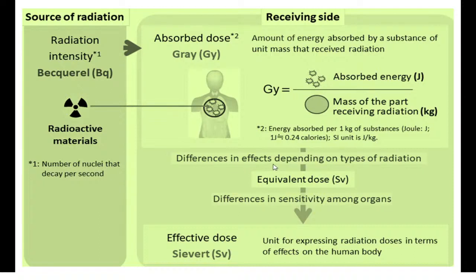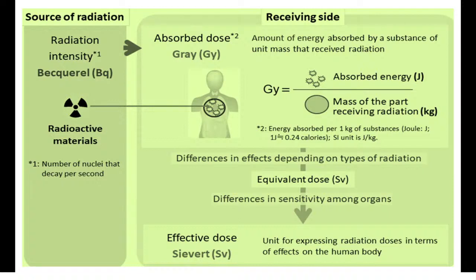Differences in effect depending on types of radiation are measured by the equivalent dose. But one more time, it is not direct information about a particularly harmful effect on the human tissue or hazard to the human body.